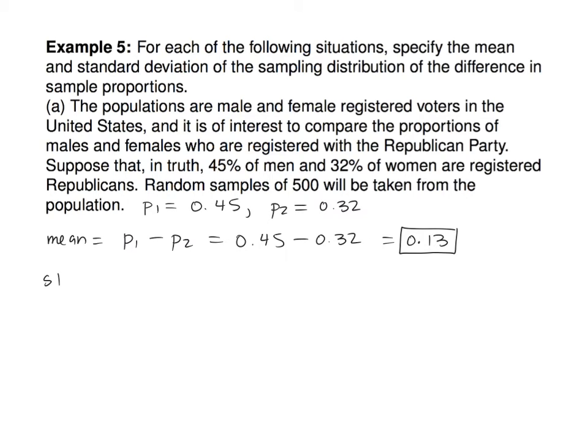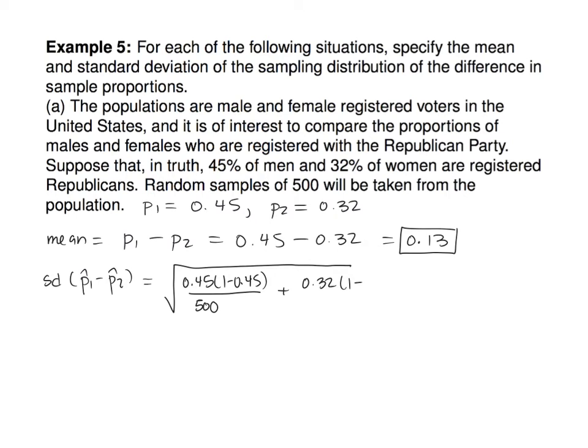And the standard deviation of P1 hat minus P2 hat is given by the root of 0.45 times 1 minus 0.45 over the first sample size, which is 500, plus 0.32 times 1 minus 0.32, also over 500.